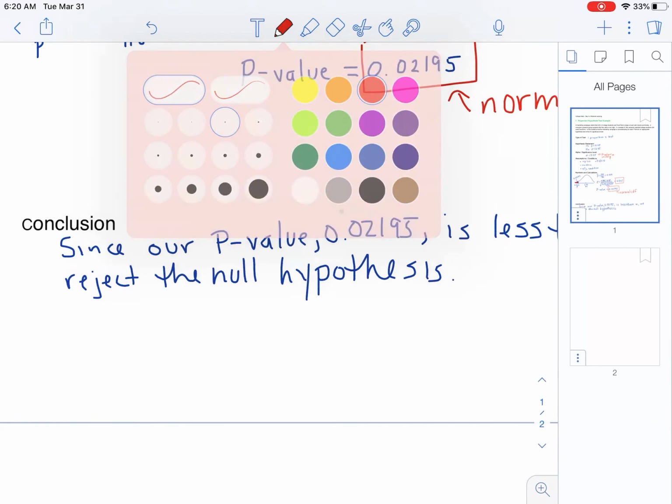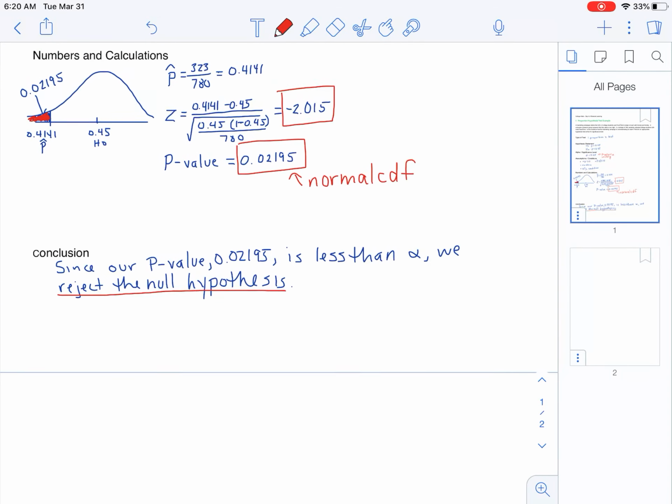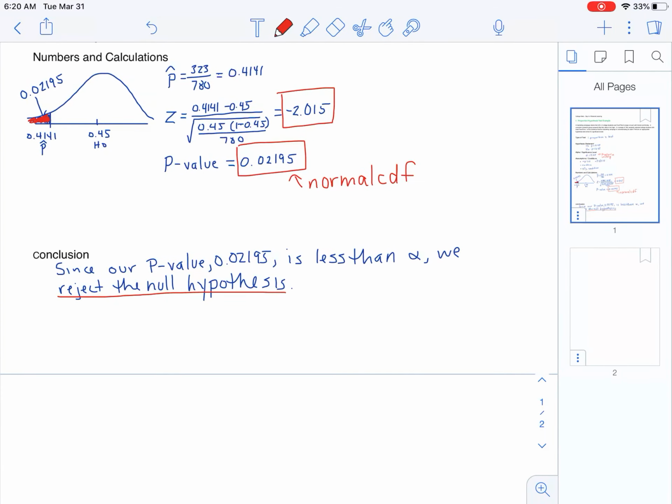That is a key part of this. Reject the null hypothesis. Let's talk about what that means. We're not done with the conclusion yet.